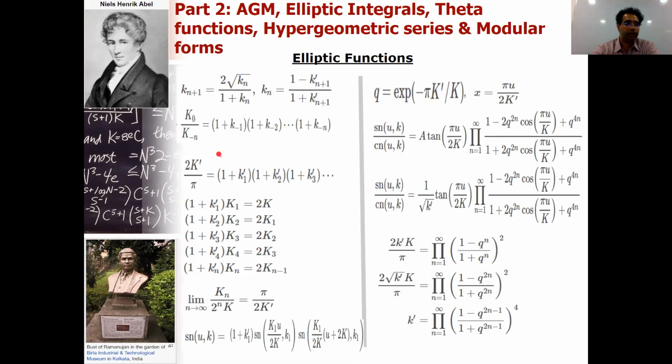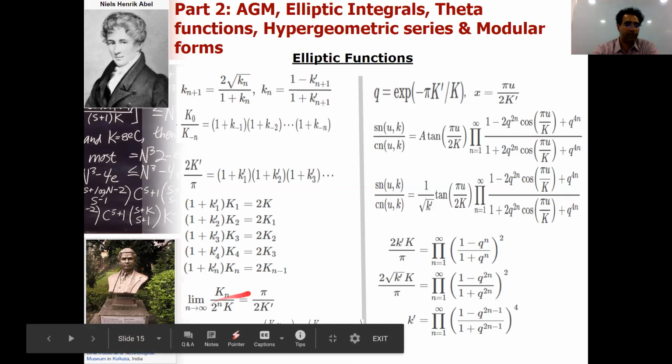You keep doing that, and then you find that if you have multiple k_i dash, you can form a relation between pi and the elliptic integral k dash. And then you can also find elliptic integrals with multiple values of k dash, k1 dash, k2 dash, and so on, with each k_i dash being related to its previous k by this relation.